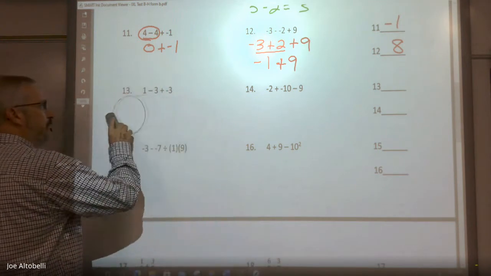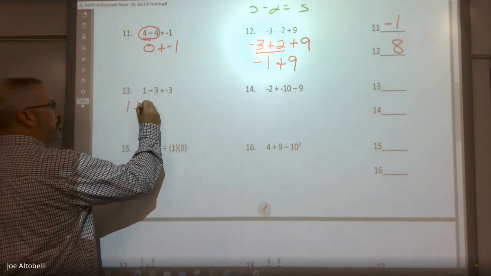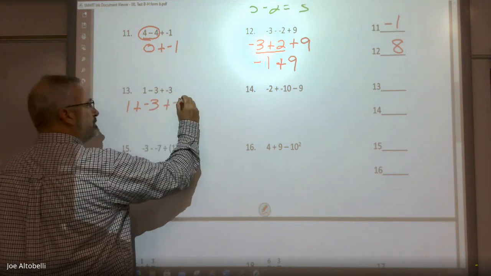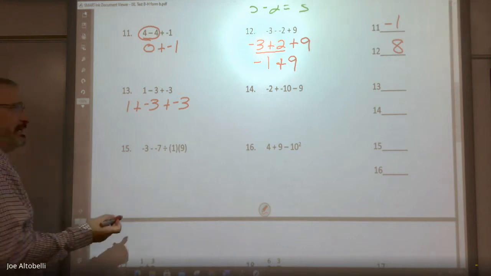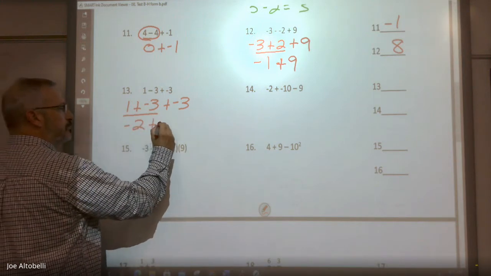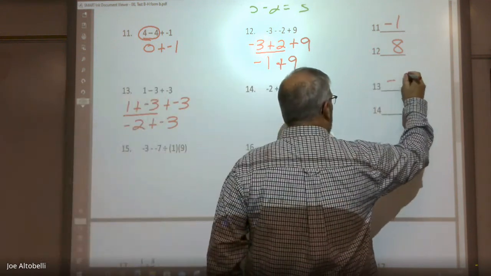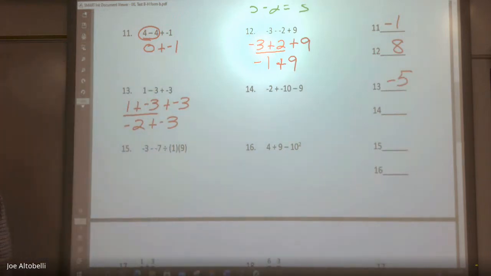Like, when I first rewrote it, I put a 2 there. It happens. It's okay. We can make mistakes. So we get -5. You didn't get -5. Make sure you understand why it's wrong. Number 14.